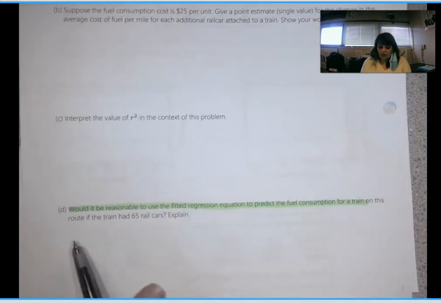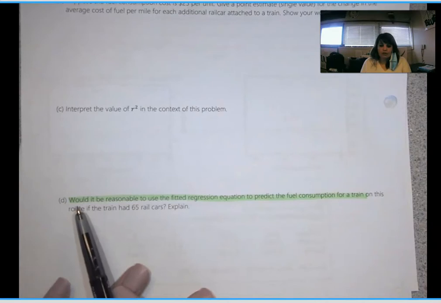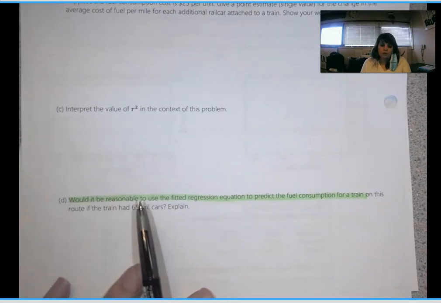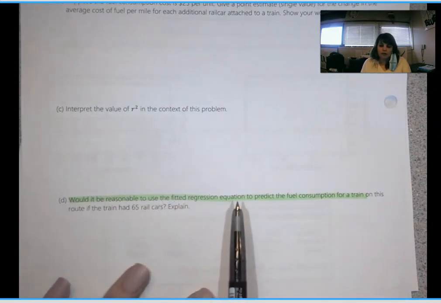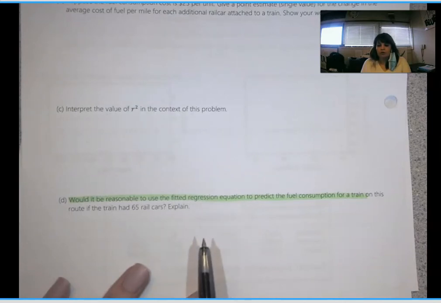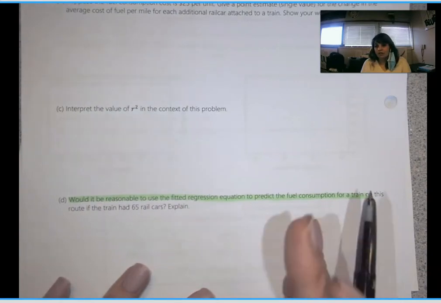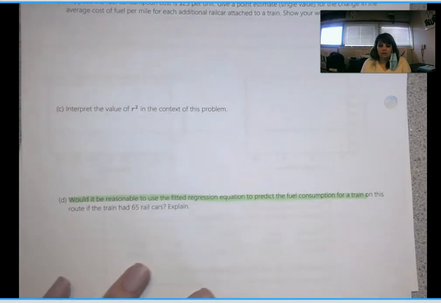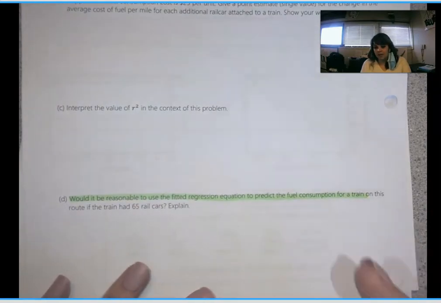In the second review, the very last question, would it be reasonable to use the fitted regression equation to predict the fuel consumption for a train if the train had 65 rail cars? This is extrapolation. They're trying to get you to recognize, no, it would not be reasonable to use the line to predict because this would be extrapolation.